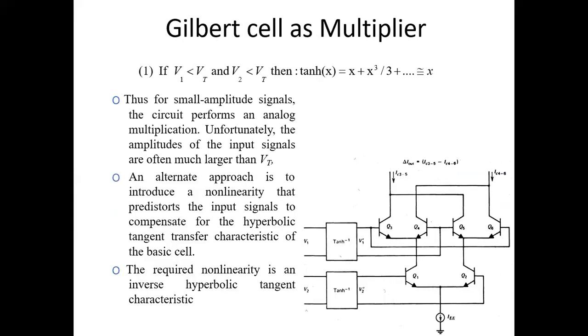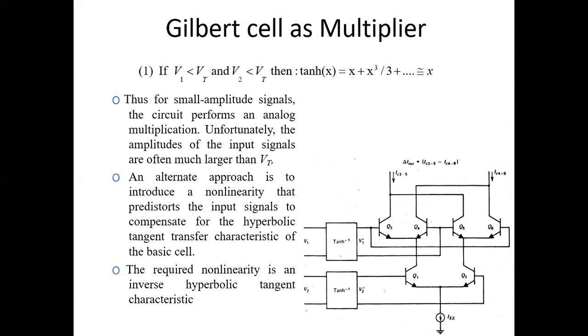In the Gilbert multiplier cell, for small amplitude signals, the circuit performs analog multiplication. Unfortunately, the amplitude of the input signal is often much larger than VT. An alternate approach is to introduce a nonlinearity that predistorts the input signal to compensate for the hyperbolic tangent transfer characteristic of the basic cell.